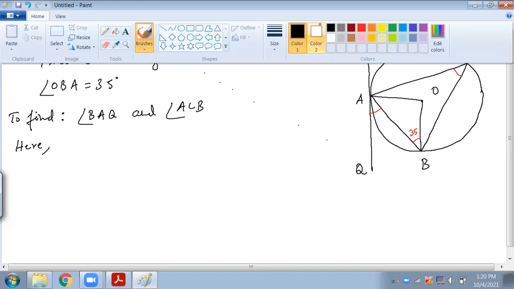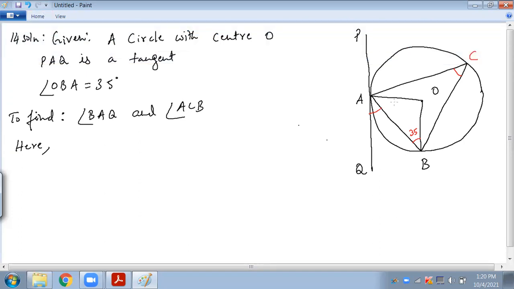Now, first of all, look at the figure. We know this angle is 35. Now we can find this angle, and we can mark it 1. How to find this angle? In triangle AOB, AO and BO are radii, so they are equal.